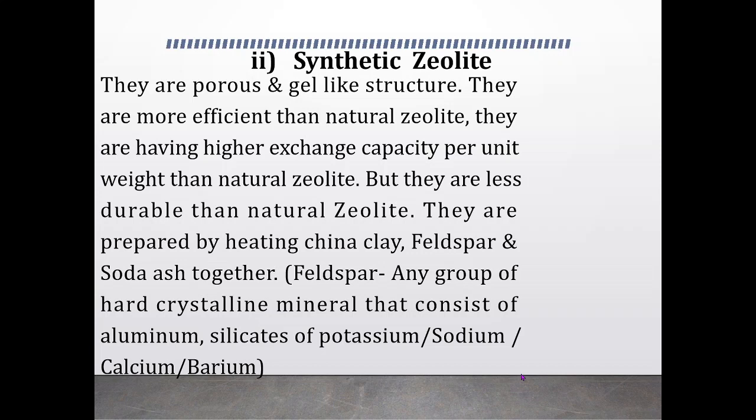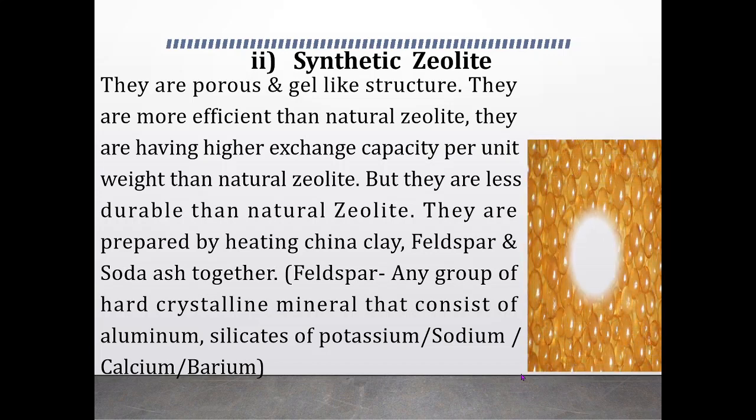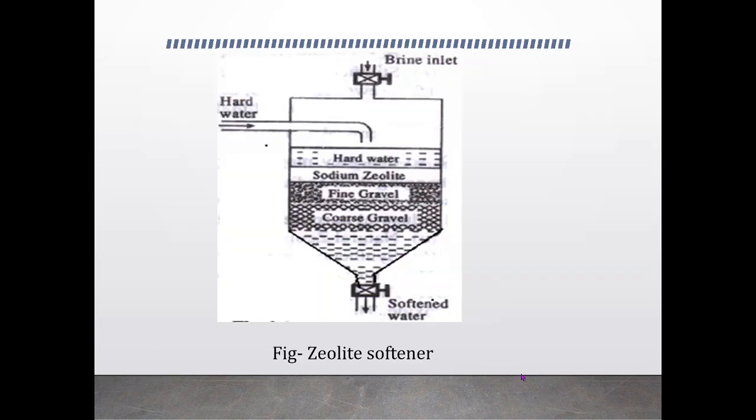They are prepared by heating china clay, feldspar and soda ash together. Now what do you mean by feldspar? Feldspar is any group of hard crystalline minerals that consist of aluminium silicates of potassium, sodium, calcium or barium. Now this is the picture of synthetic zeolite.